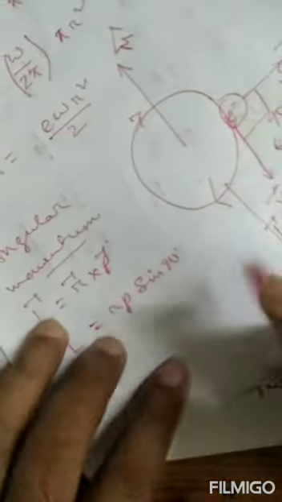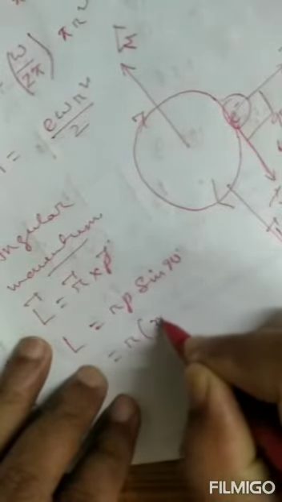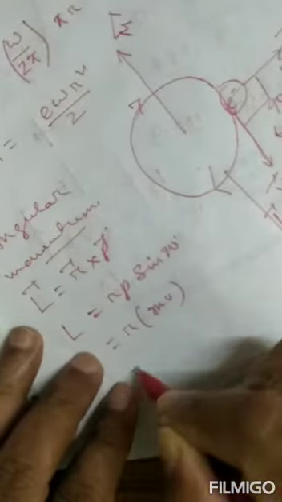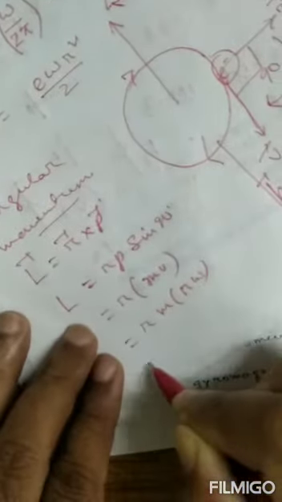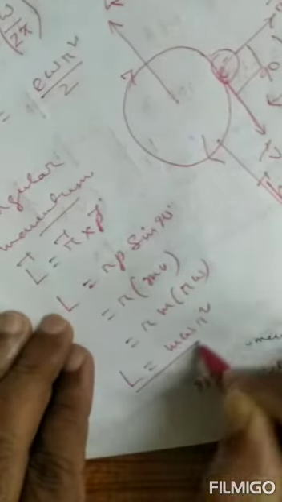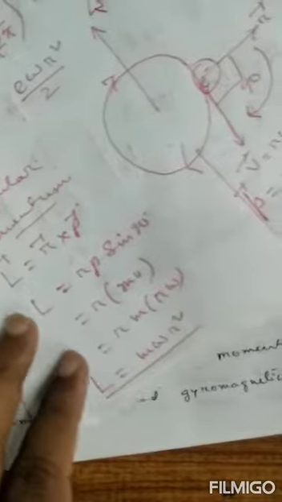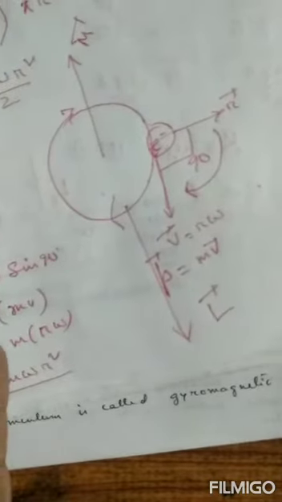It is r p, which means m v. v means r omega, so it is m omega r square. So this is the angular momentum of the revolving electron. What is the direction?